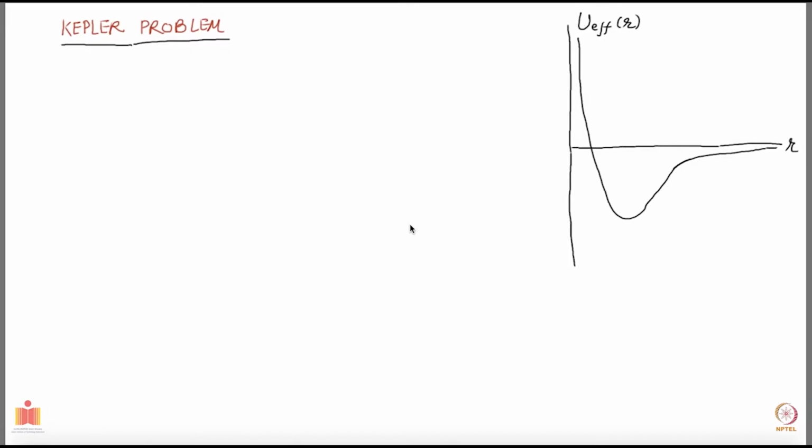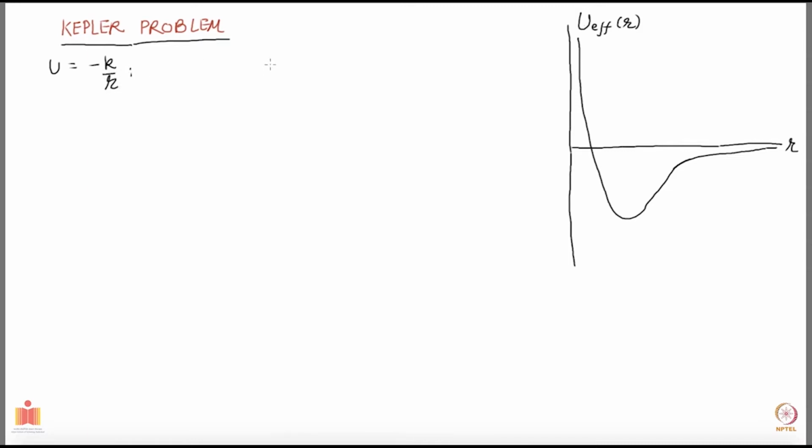Let us summarize what we have done till now. We were looking at the Kepler problem, where the potential energy of the system is given by minus k over r.